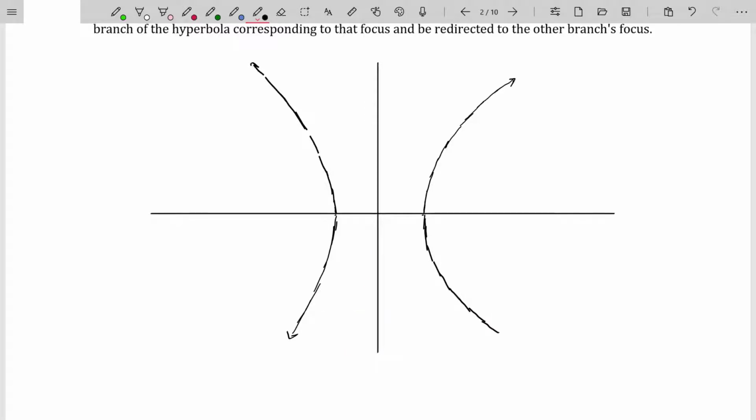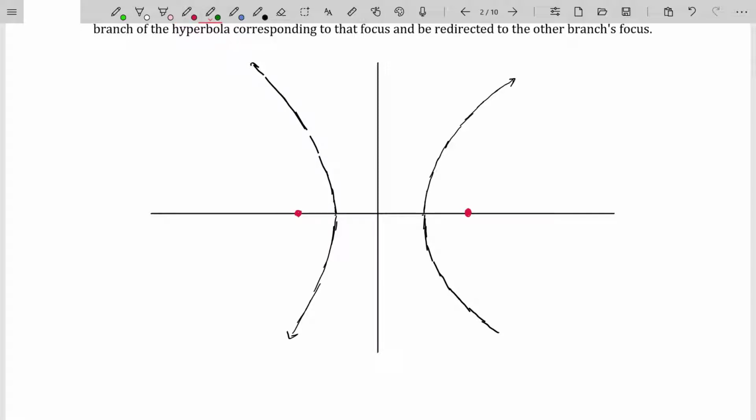However, in a hyperbola, if you aim an external signal at the focus of one of these two branches, let me showcase that. Let's suppose the focus for this branch is right there, equidistant on the other side is also the other focus.